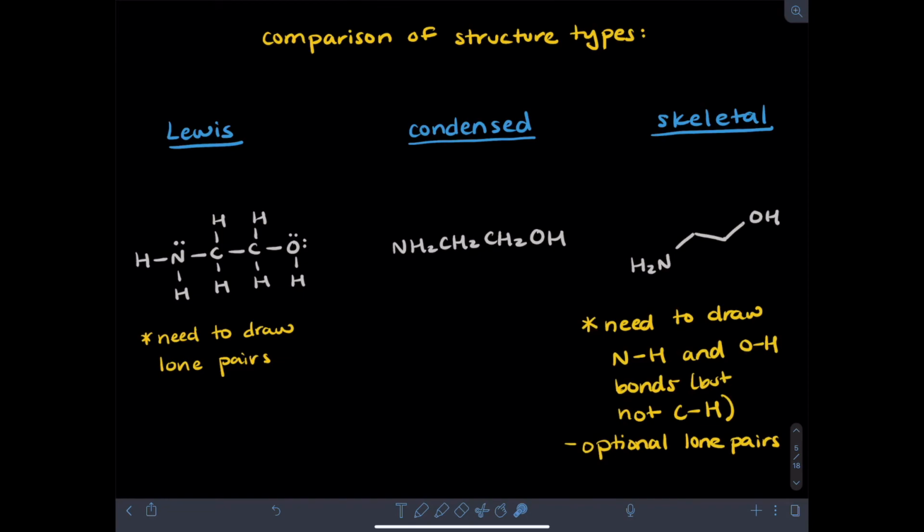Essentially, any hydrogen that isn't attached to a carbon needs to be drawn out. And in a skeletal structure, the lone pairs are optional. I haven't drawn them in here, but I often think it's useful to draw them once we get to organic reactions. So here I've drawn them in, 1 lone pair on nitrogen and 2 on oxygen.